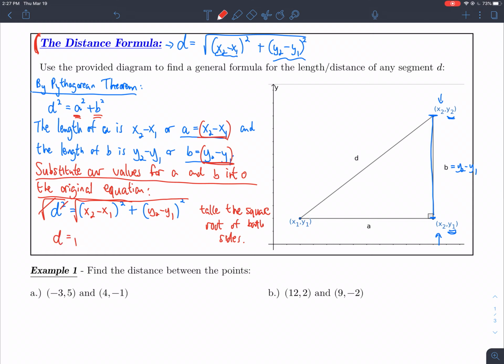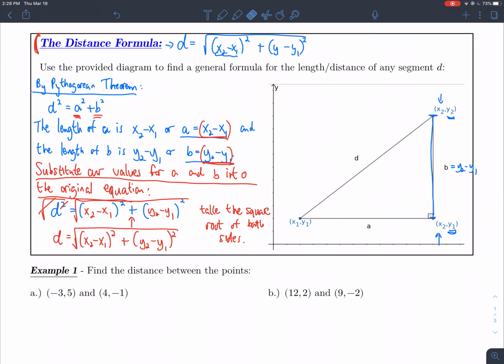But this does not cancel because I have a plus in between the two terms. So I just have the square root of x2 minus x1 squared plus y2 minus y1 squared. And that is the distance formula. That's what we set out to prove.